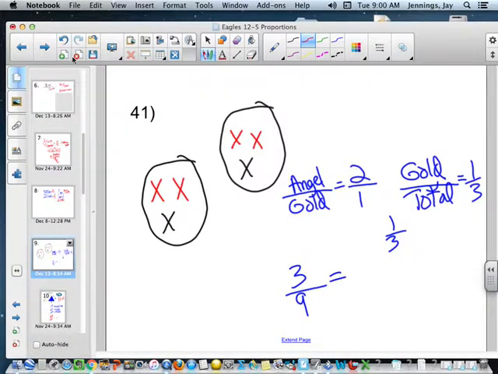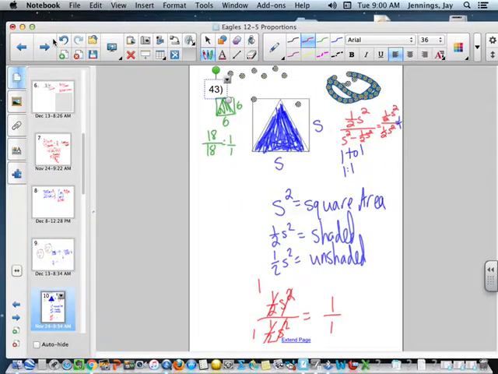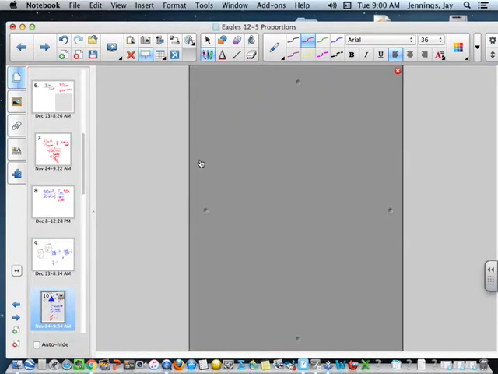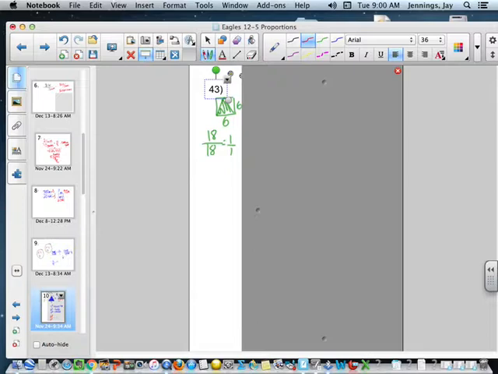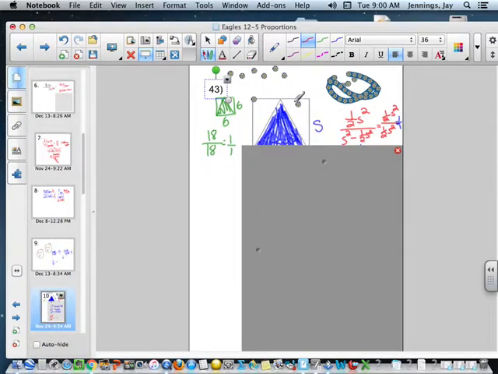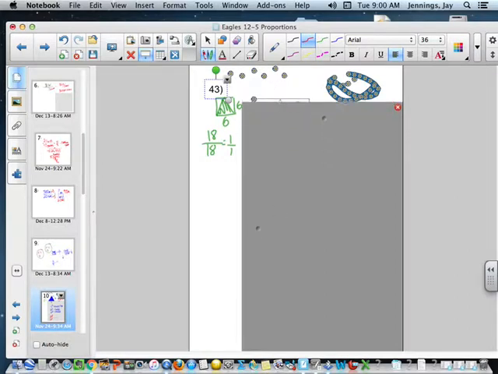Great. Okay, now let's try 43, which was a little bit more challenging. In this one, they're again trying to bring up your background knowledge on squares and rectangles. So they want to know the ratio of the shaded part, which is the triangle, to the non-shaded part, which would be the part up here and up here. So first, we're going to try to find the area of the triangle.